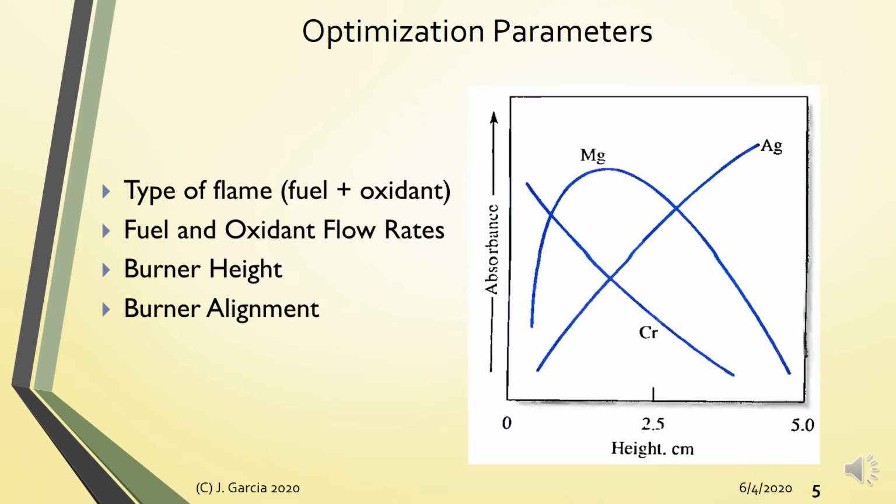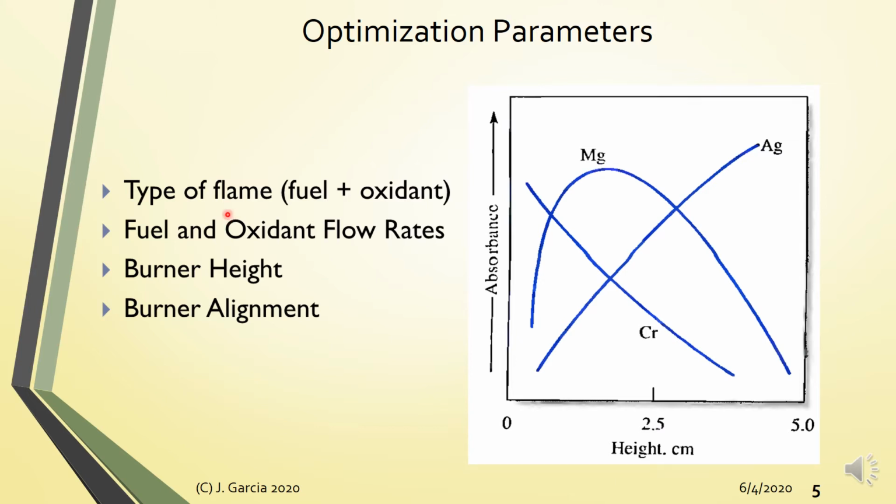So with the flame AAS, what are the things that we need to optimize? First, as we showed earlier, you need to optimize the type of flame, because the combination of the fuel and oxidant will determine the temperature of the flame.